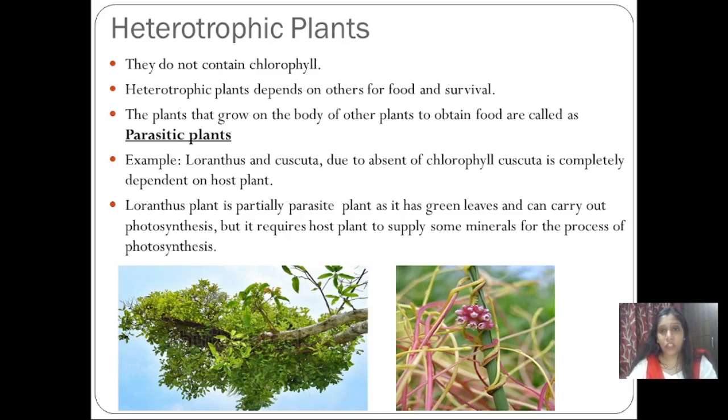On the other hand, the Cuscuta plant does not have any green leaves and is completely a purplish colored plant. So it cannot carry out photosynthesis and due to that it depends completely on other plants for food. So this is a parasitic plant.